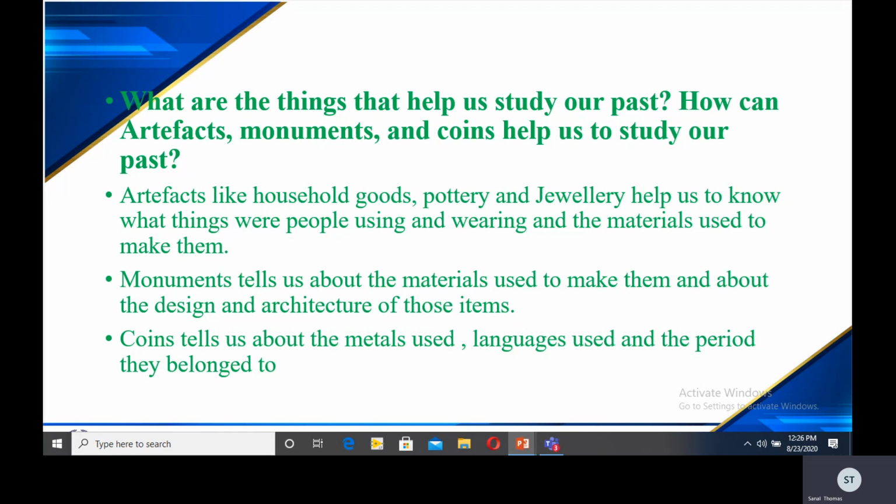Monuments tell us about the material used to make them and about the design and architecture of those items. What about coins? Coins tell us about the metals used, languages used and the period they belong to. So this is the information we are getting from the artifacts, monuments and coins.